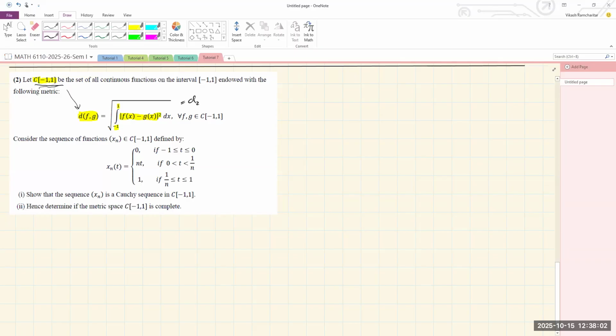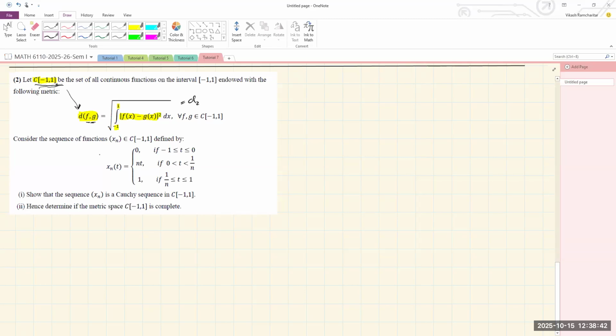So if I want to show it's not complete, I need to find a sequence, in this case a sequence of functions, that is a Cauchy sequence, and show that the limit, or if it converges, that that limit is not in this space. So it's converging to something outside of the space, which means as far as this metric space is concerned, it's not converging. So we need to find a Cauchy sequence that does not converge in this space.